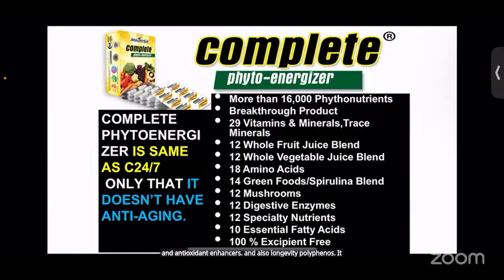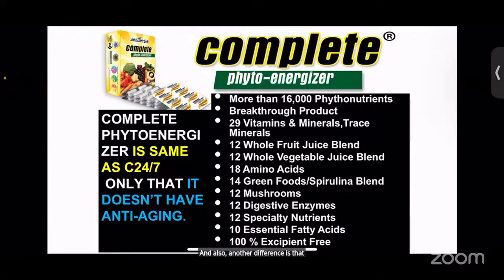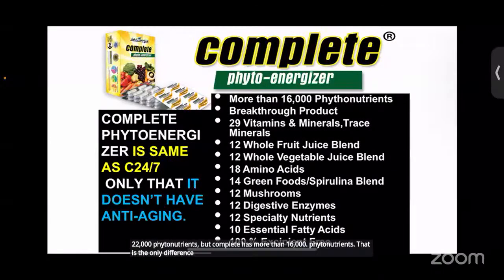Complete doesn't have that. Another difference is that C24/7 has more than 22,000 phytonutrients, but Complete has more than 16,000 phytonutrients. That is the only difference. But for the two products, the rest of the ingredients are the same.